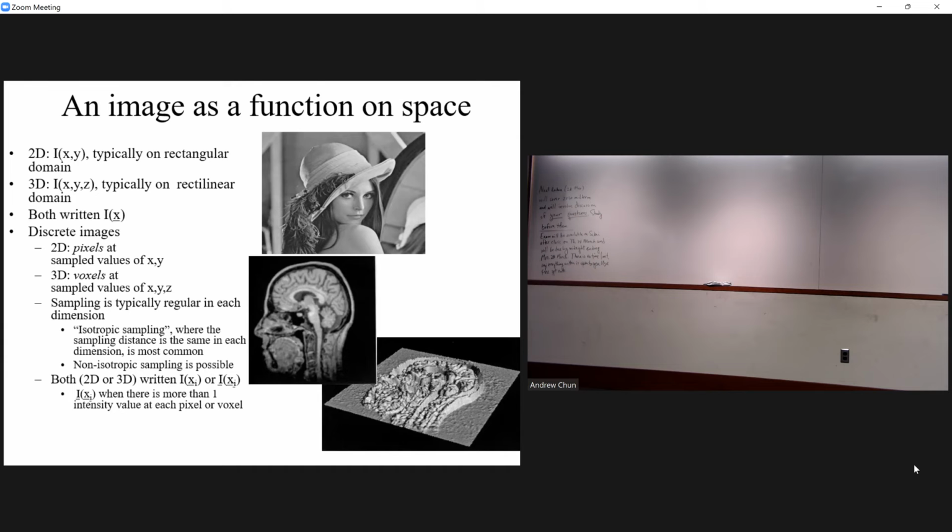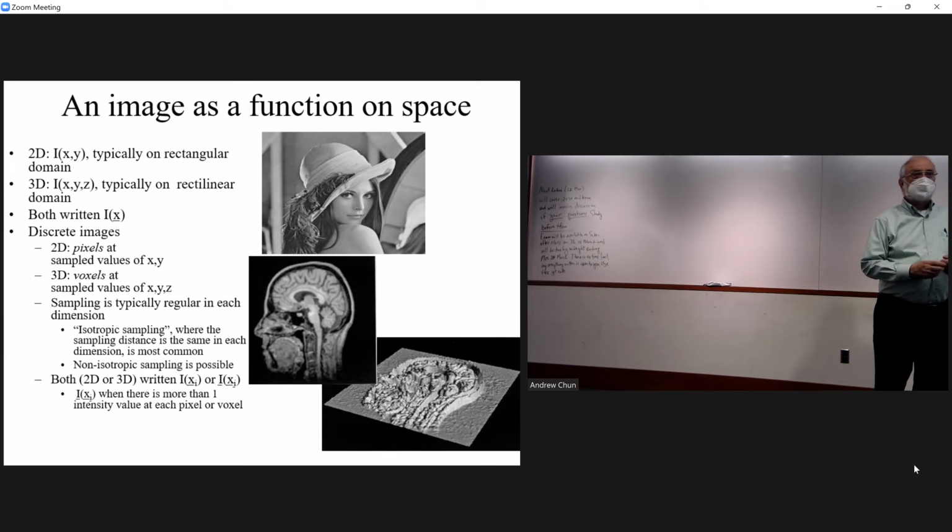Of course, for computer representation, for computer storage, we understand the image to be sampled in position at what I call pixels in 2D or voxels in 3D. And for the discussion I've had in lecture, the sampling distances in each dimension have been the same, right?